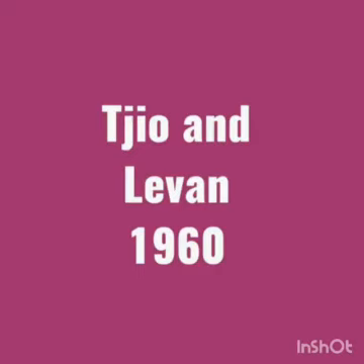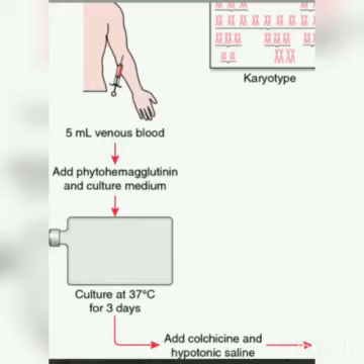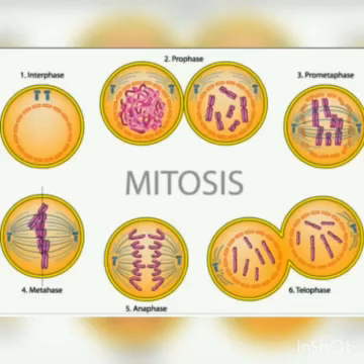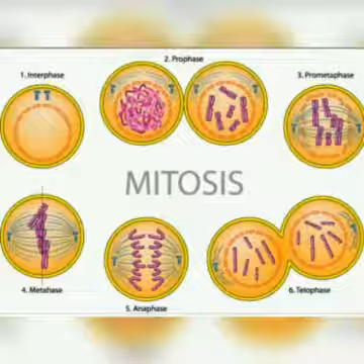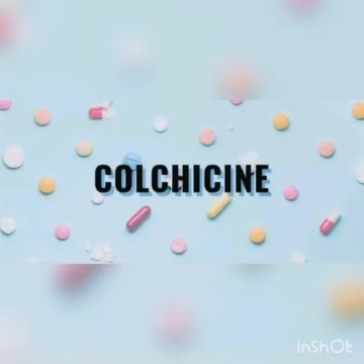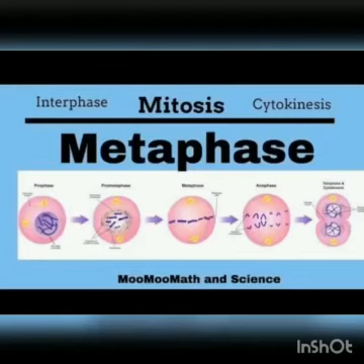Gey and Levan in the year 1960 described a simple method of culturing lymphocytes. A lymphocyte is a type of WBC from human blood. Mitosis is induced, followed by the addition of colchicine to arrest the cell division at metaphase stage. There are different stages in mitosis: prophase, metaphase, anaphase, and telophase.